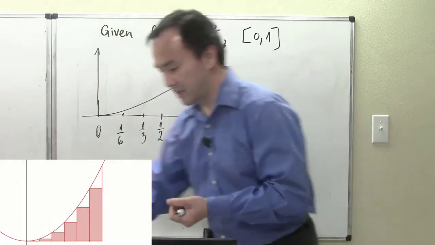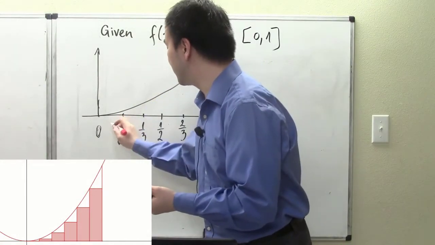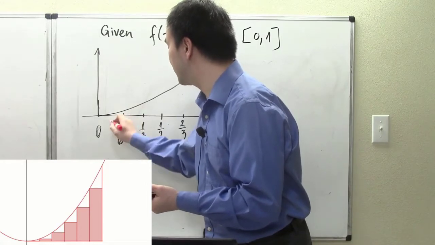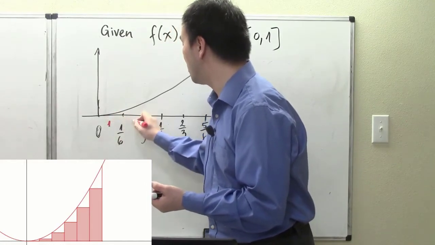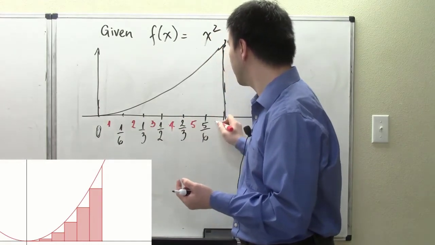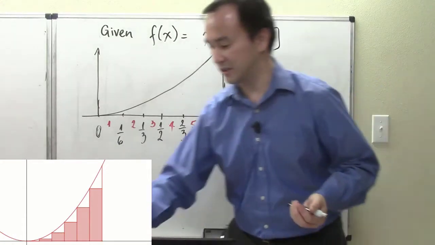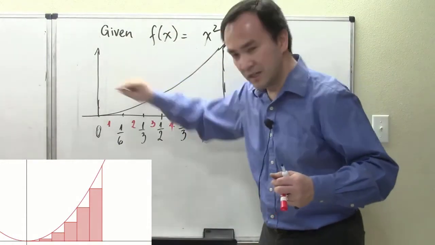I should have also labeled that in the beginning. This is interval number 1. The red marker is just the label of the interval: number 1, 2, 3, 4, 5, and 6.